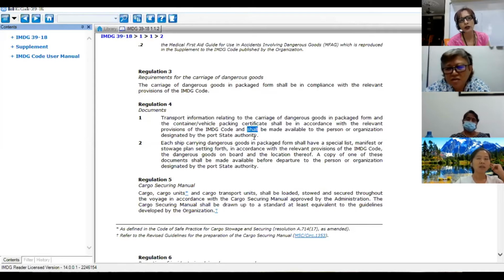Also the port authorities per se, because not all port authority people themselves have been updated or trained. We cannot assume that everybody knows everything.